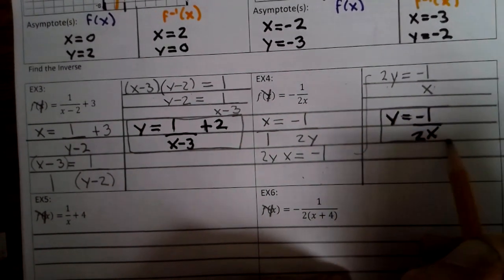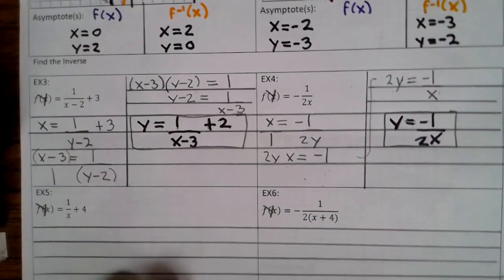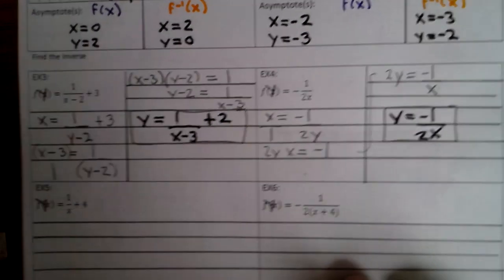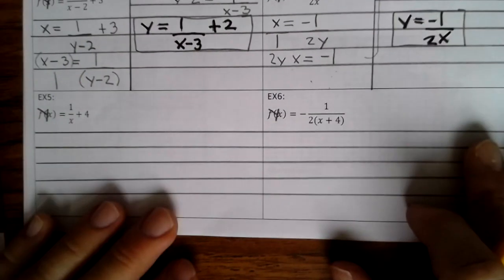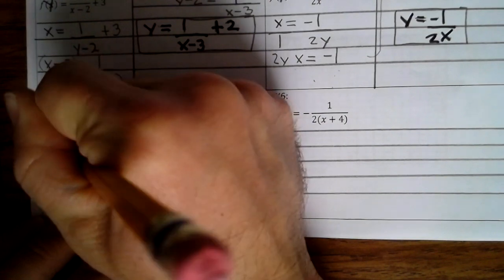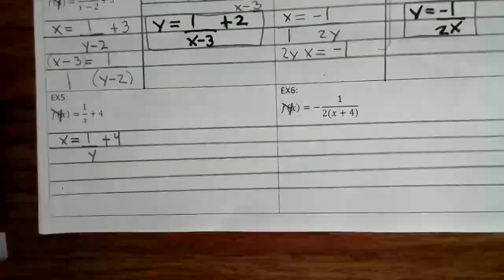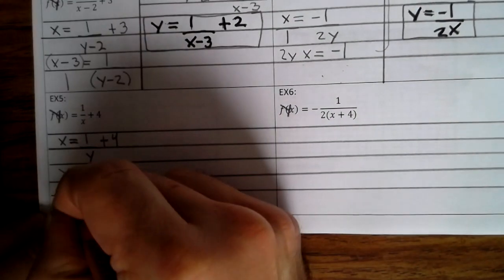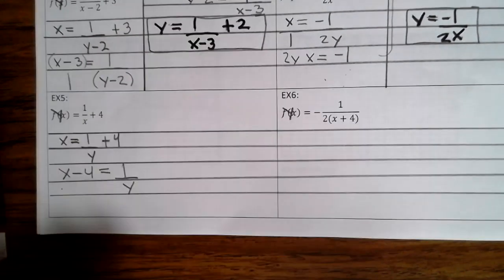All right, example 5. Okay, so again, switch x and y. So x equals 1 divided by y plus 4. Okay, we're going to subtract 4 from both sides. So x minus 4 equals 1 divided by y. And let's go and add some lines here.